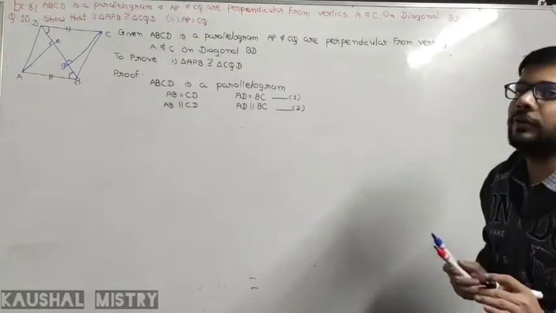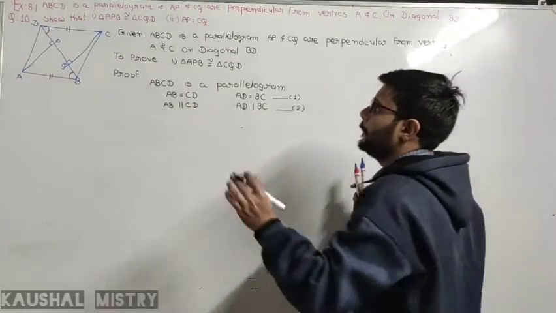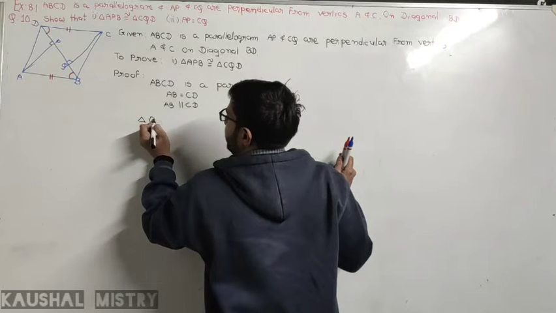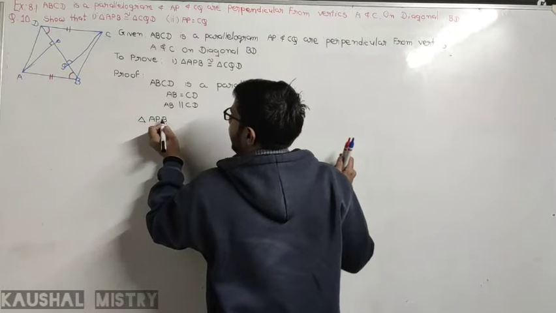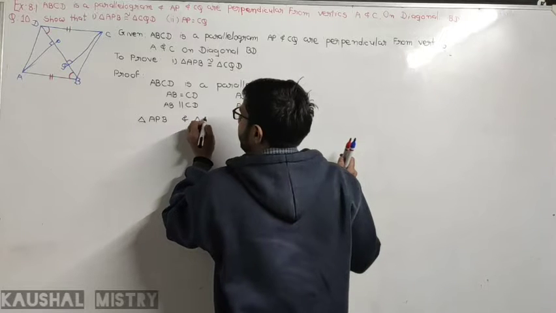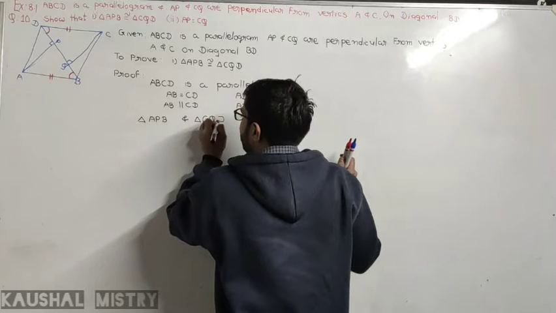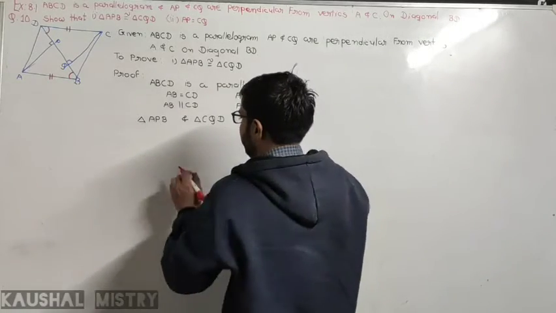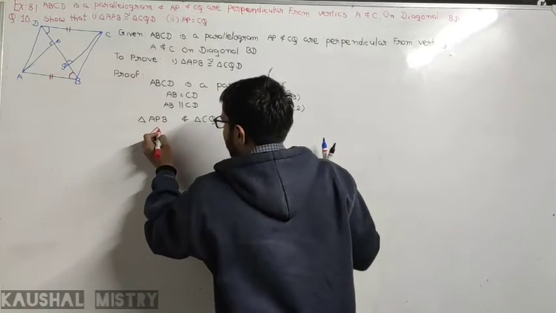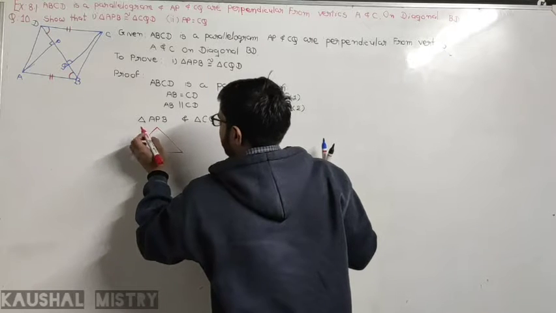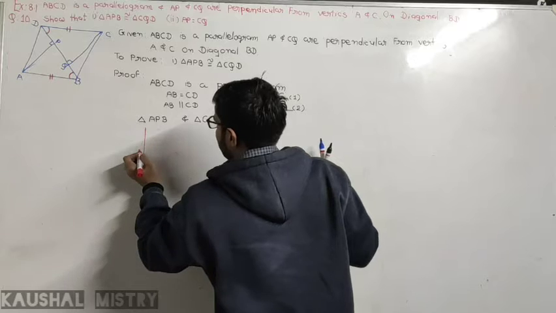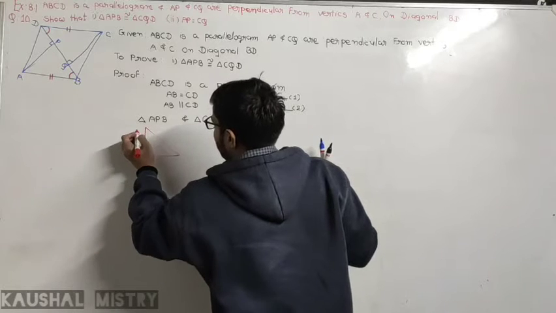Now we will take our required triangles, triangle APB and triangle CQD. I will draw a rough figure so that you can get a better idea. It is not like this, because it is a right angle triangle, so it will be like this.